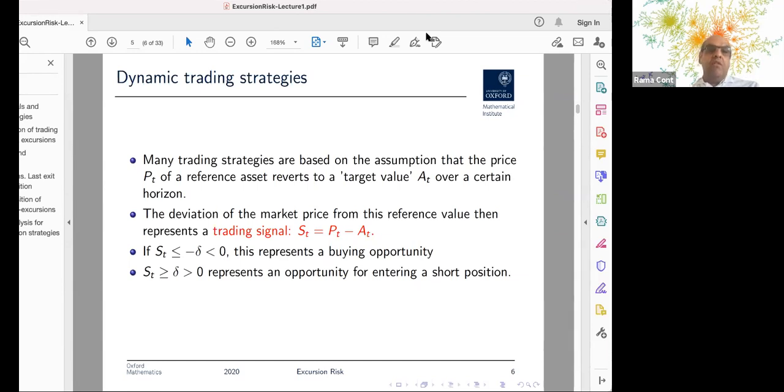If this signal is sufficiently positive to be statistically significant again, then it means it's an opportunity to short the asset because it's overvalued. So that's the idea. And I would say 99% of trading strategies people use are of this type. There is a price, there is some assessment of the price by the trader, and then they compare the two.